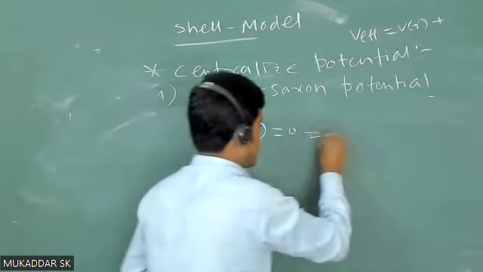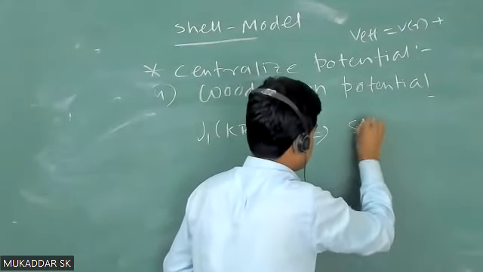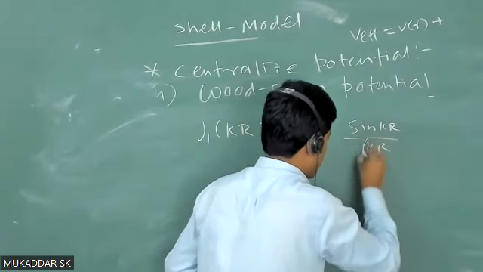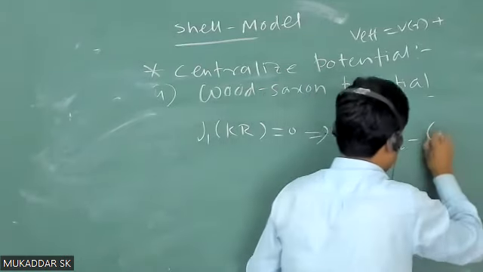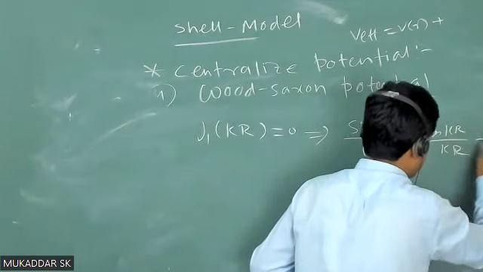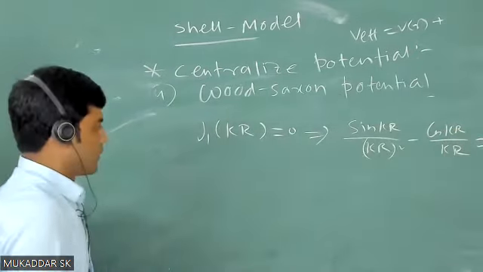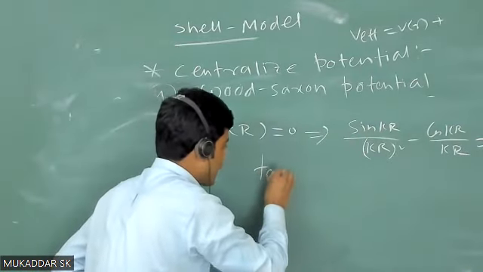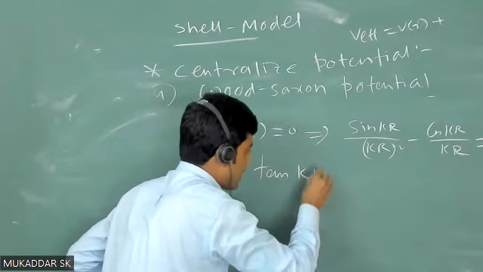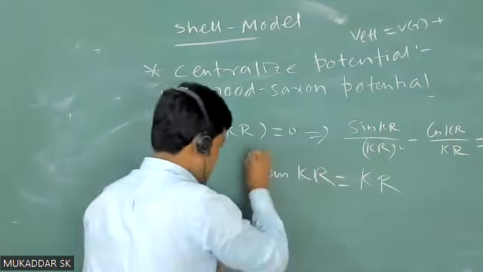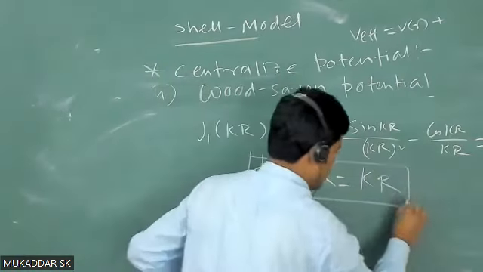It means j_1(kr) का expression होता है sin kr by (kr) का square, and then you have minus cosine of kr by kr that is equals to 0. This equation will give you tan kr equals to kr.